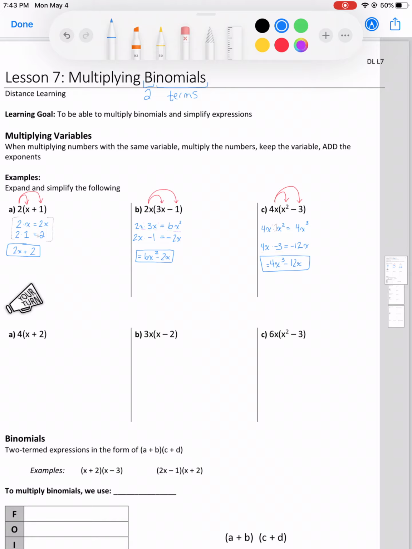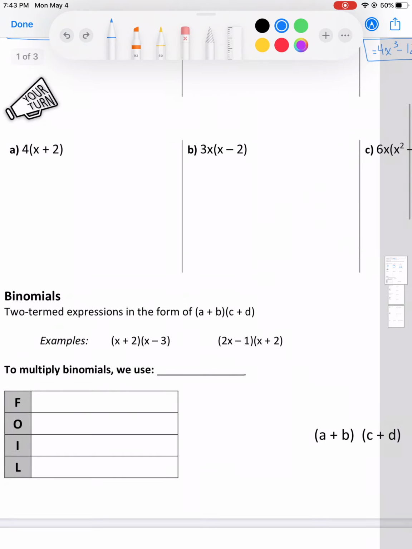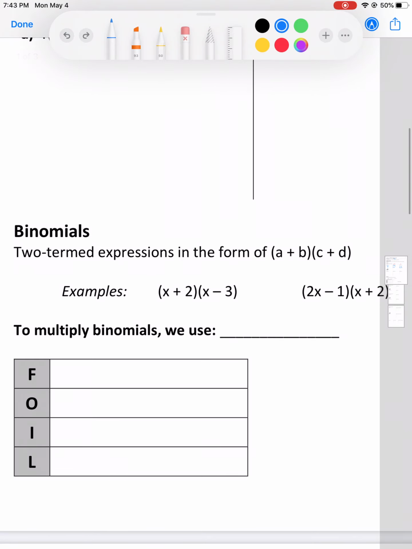So what we're going to be doing now is, there are 2 termed expressions in the form of, as you can see, a plus b, c plus d. So instead of it just being one thing, so before we were dealing with something like this, it'd just be 2 times x and then minus 3.